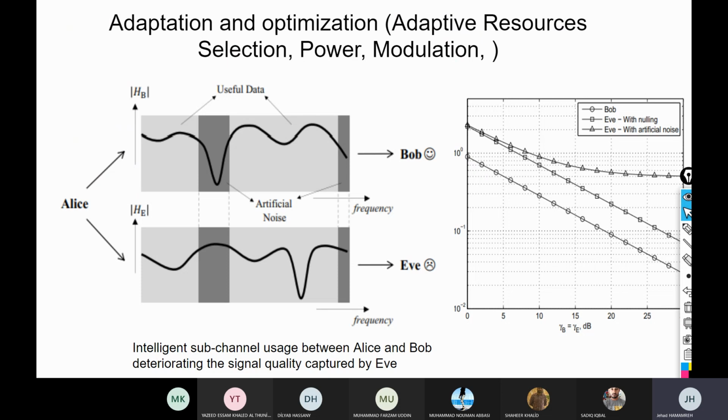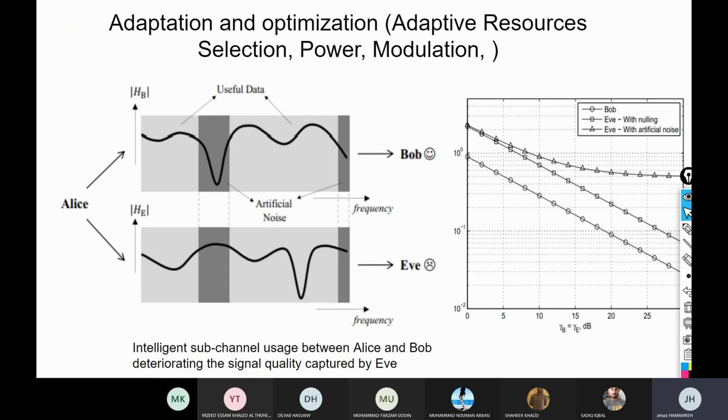In the adaptation approach, the basic concept is this: you adapt your resources, your transmission parameters, whatever they are. You optimize and adapt them according to the needs and requirements of the legitimate receiver only.